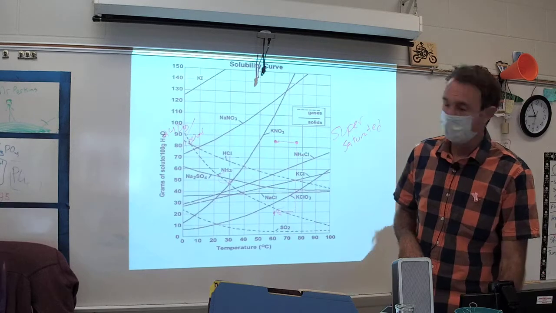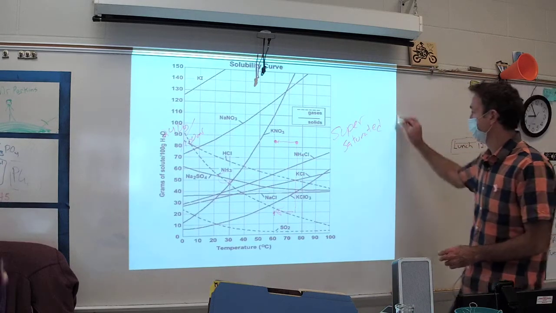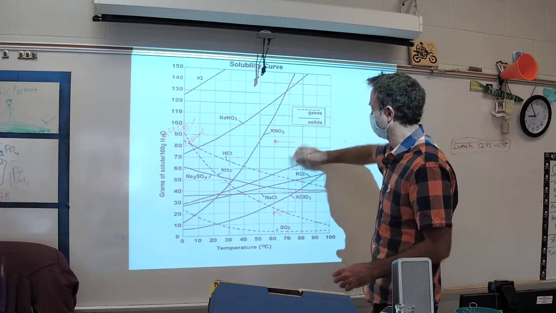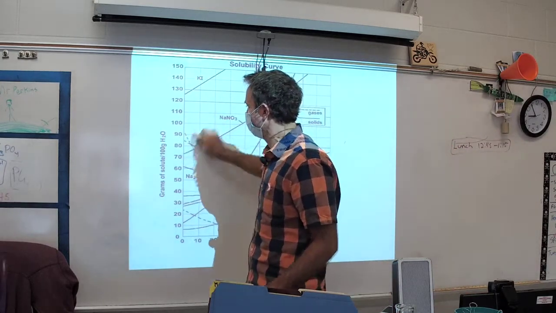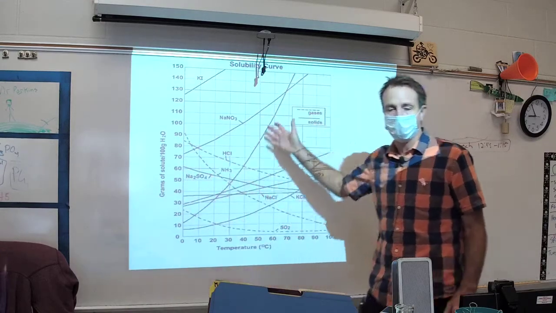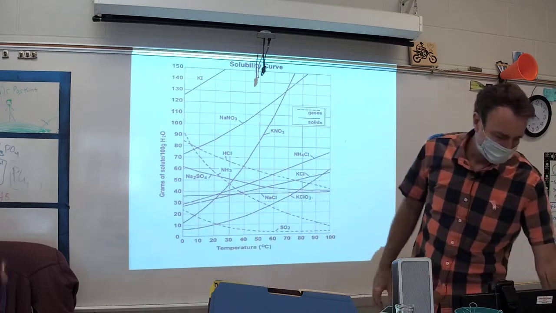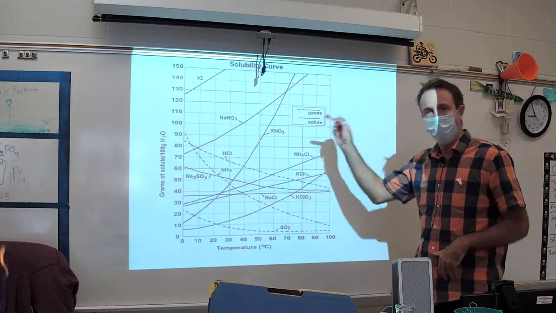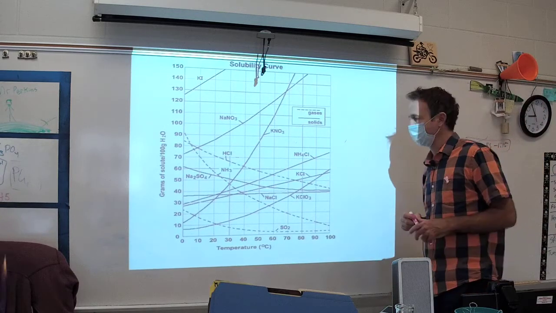So if we look at these graphs now, and we understand about saturated, unsaturated, and supersaturated, then we could ask you some really simple questions about how we may get to different spots on this graph, okay? So I'm going to do one with you, and then I'm going to let you roll on the worksheet, okay?